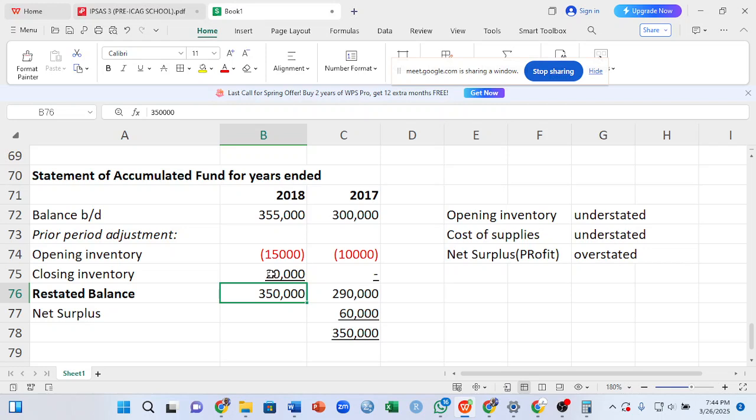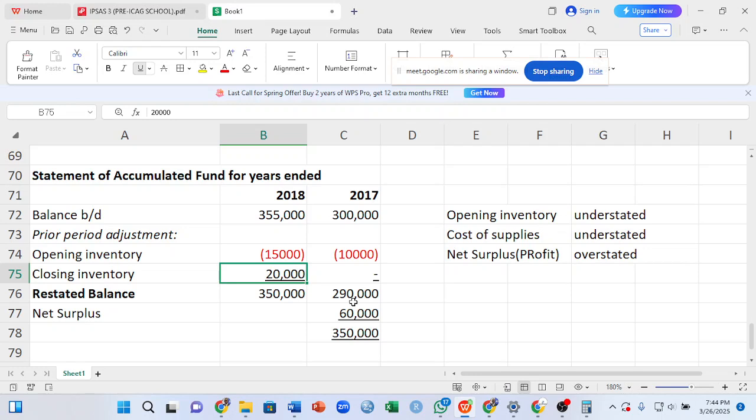Will you get it? No. Meaning we have made an error. What will you get? You get 360, a difference of 10.